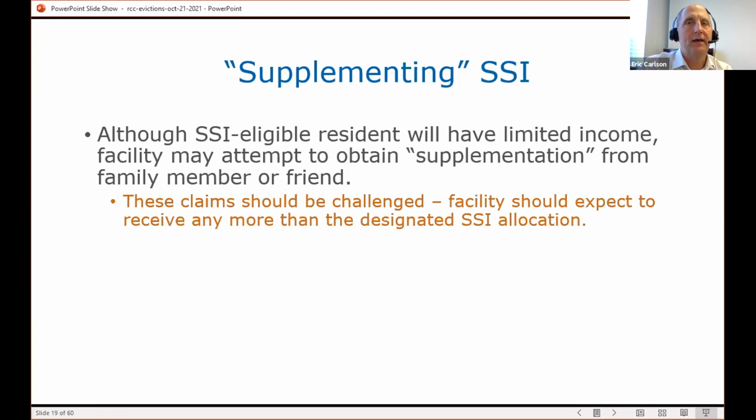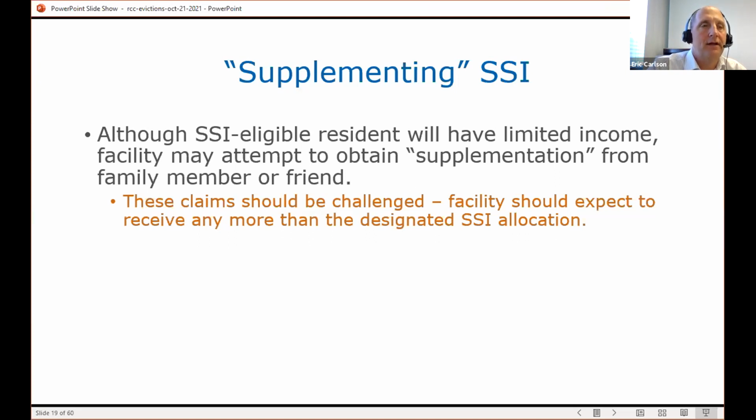I'll make a couple of statements here about public benefits. In some states, there will be some specific law dealing with SSI, supplemental security income. By definition, a resident's income, when the resident is eligible for SSI, is limited.